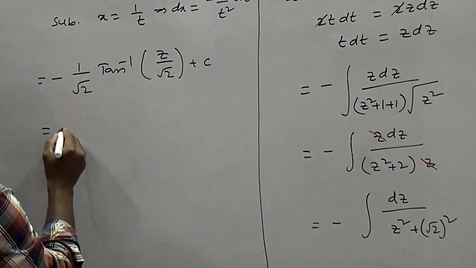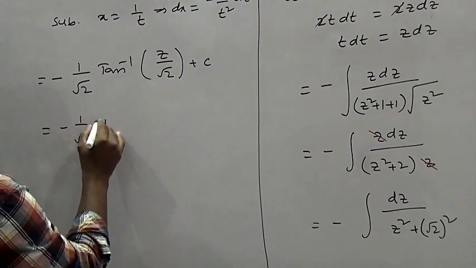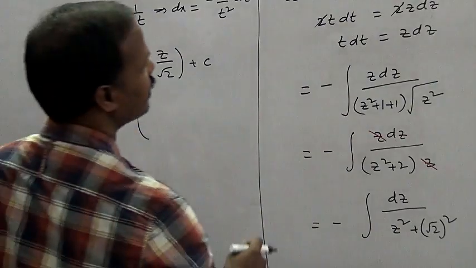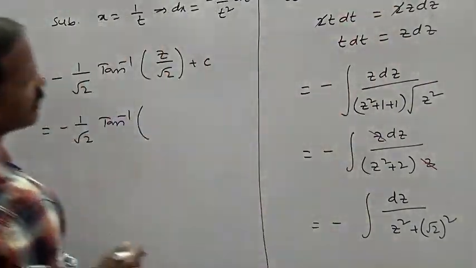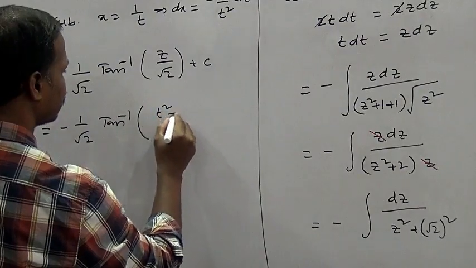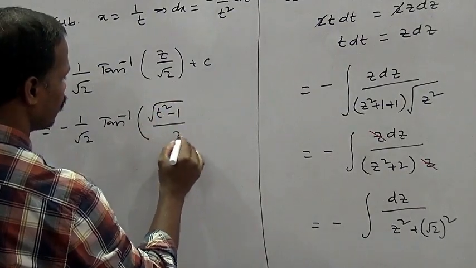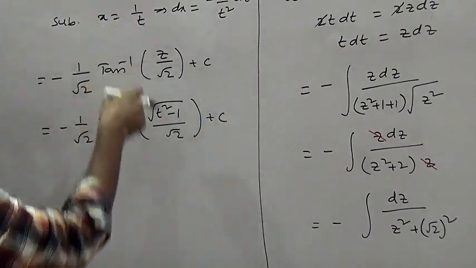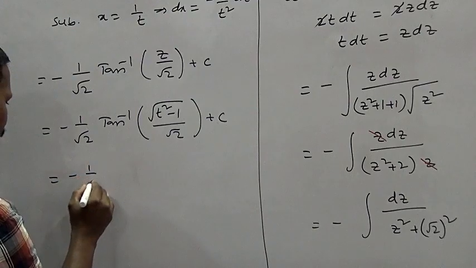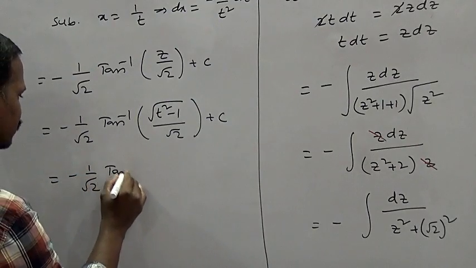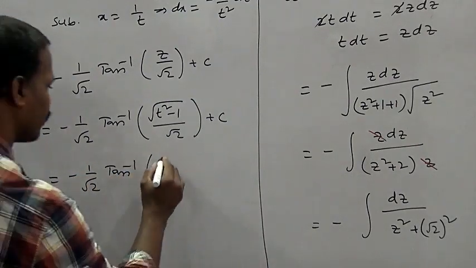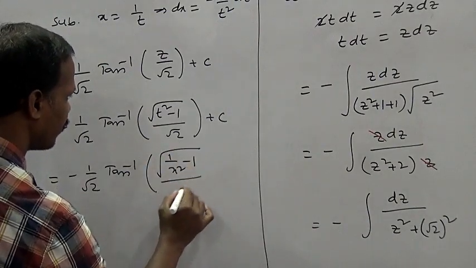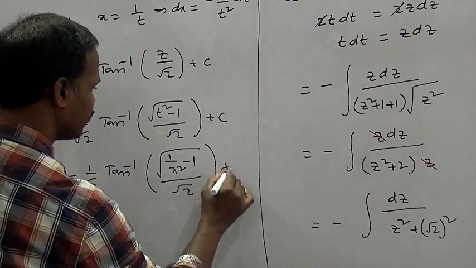Now this is equal to minus 1 by root 2 tan inverse of z by root 2. What is the value of z? The value of z is square root of t square minus 1. But what is t? t is 1 by x. So minus 1 by root 2 tan inverse of square root of 1 by x square minus 1, by root 2, plus c.